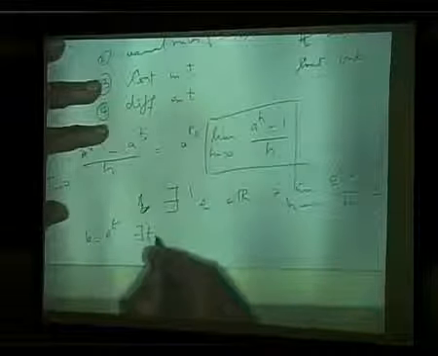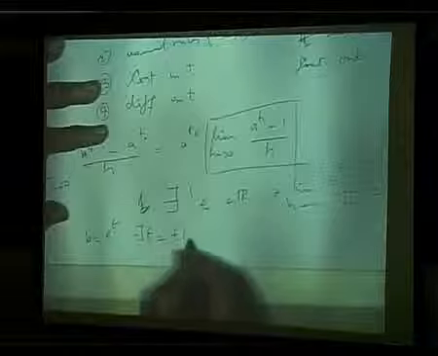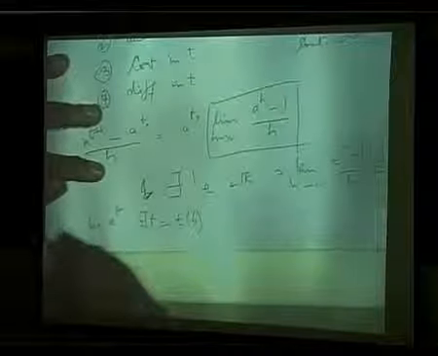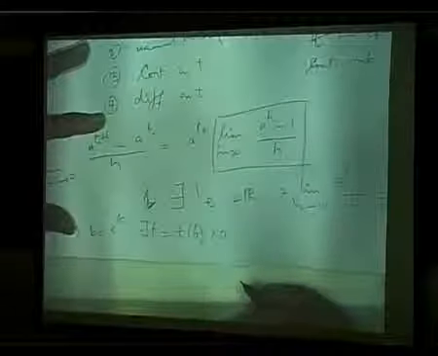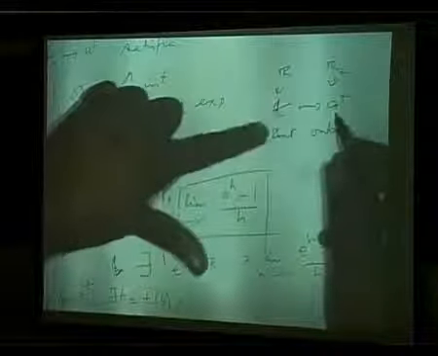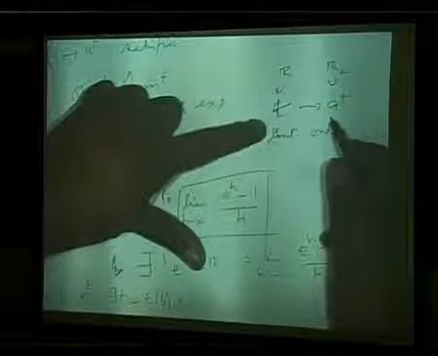T will be a function of b. For every b positive, you can find a t such that b can be written as e power t. This is true for any a, and this is true in particular for e.